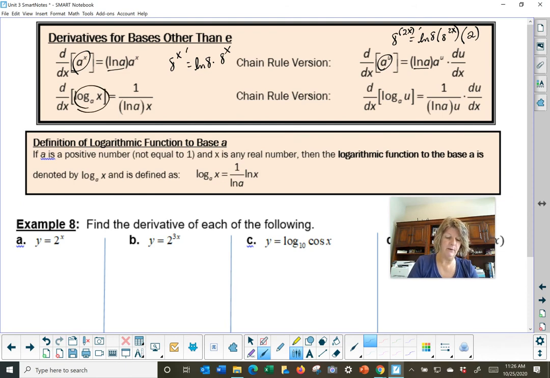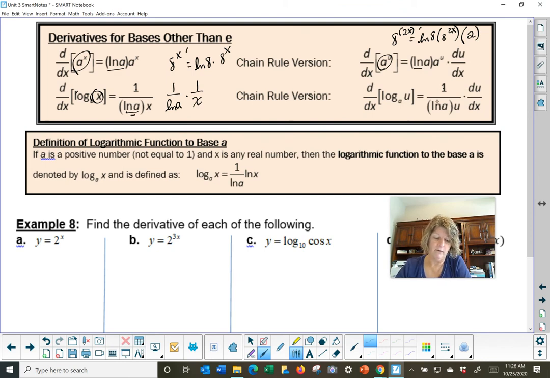Log with a different base, we remember the derivative is 1 over natural log of a, where a is coming from the base, times 1 over x. 1 over natural log a times 1 over x, because the derivative rule for logs is 1 over x. Now, if we amplify this a little bit and make this, maybe this is 8x plus 2 now in there, where it's no longer just the simple little x, we've got to get a little bit broader scope on the derivative.